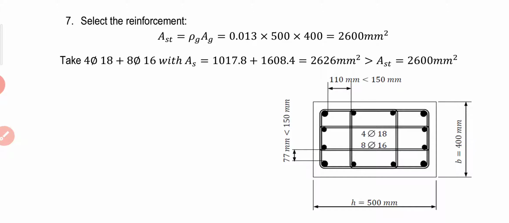So we can get the values 1017.8 plus 1608.4, and sum of these values 2626 mm square, which is greater than Ast, which we solved above, 2600 mm square.